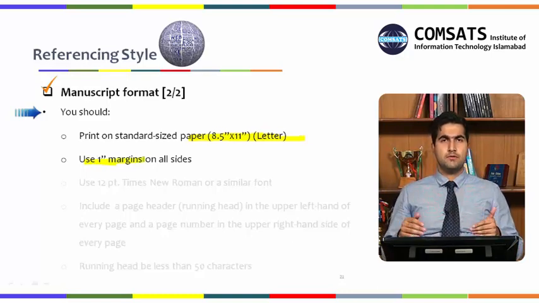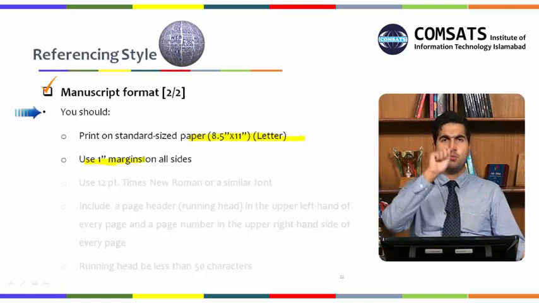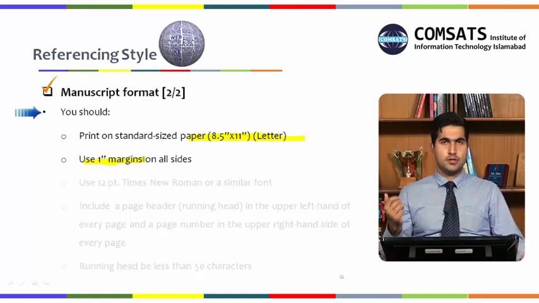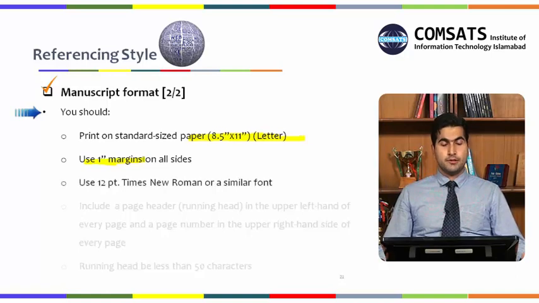You can simply do this in your Microsoft document by going into the size, looking into the option of page margins and selecting 1 inch on all sides. You can do custom changes as well, but otherwise this is the general way, and it is probably available within the document by default.